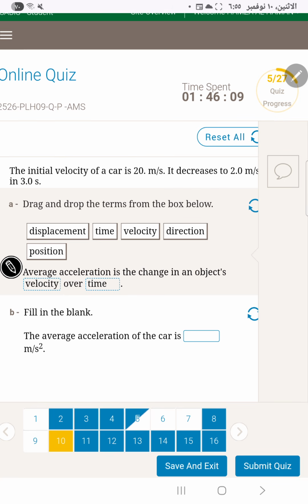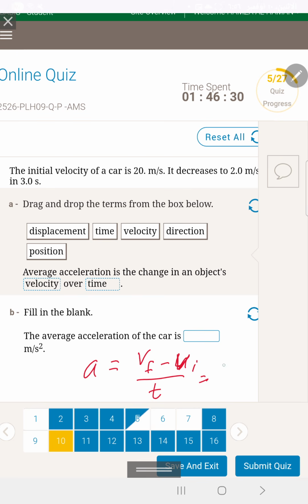So acceleration is change in velocity over time. The average acceleration of the car is, we calculate the change in velocity. We are given initial velocity 20, so acceleration is final velocity minus initial velocity divided by time. Final is 2 minus initial is 20 divided by time, which is 3.